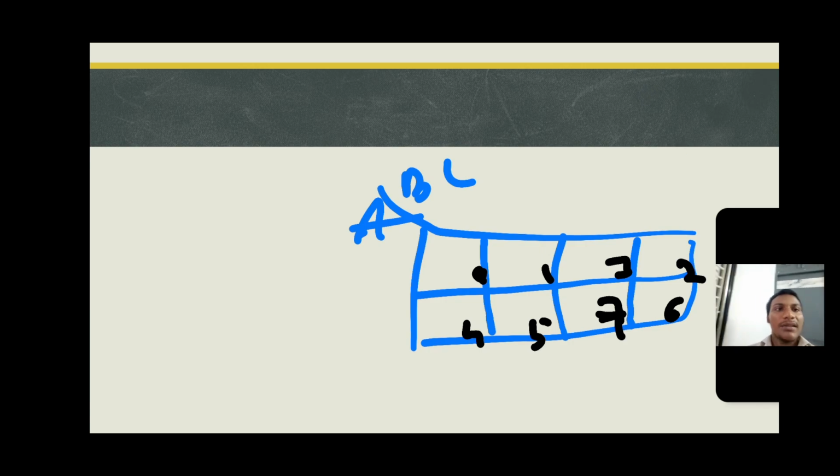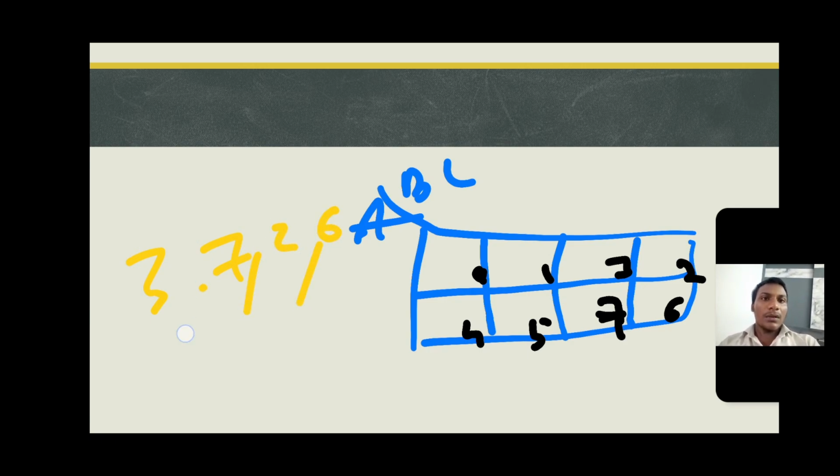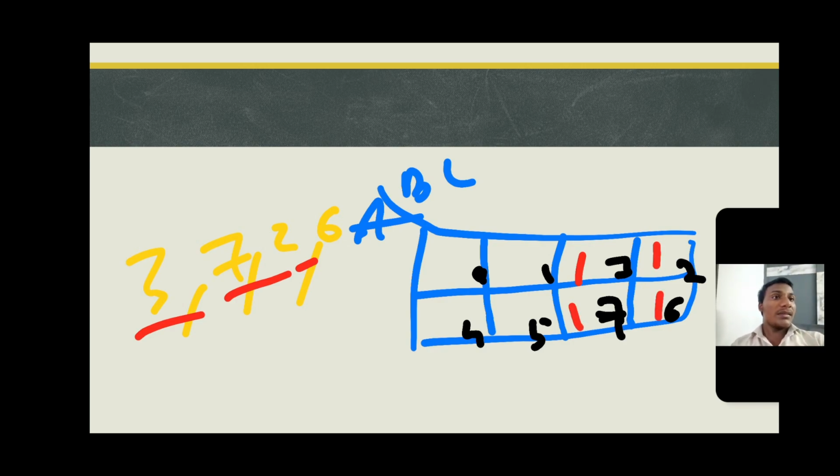Now, for example, we take some minterms: 3, 7, 2, 6. Write a 1 in these cells of the K-map. We have 3, 7, 2, 6. Now it will form a quadrant, meaning it forms a group of 4, side by side.